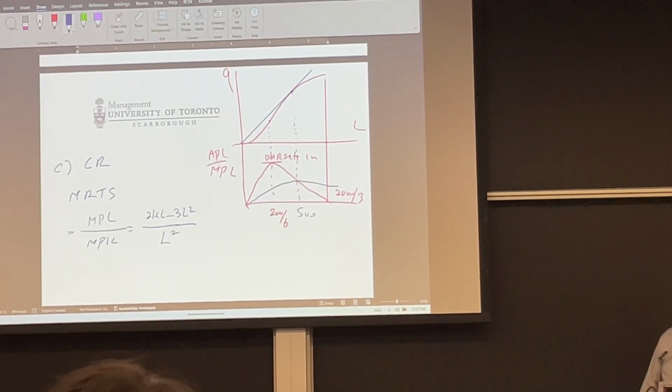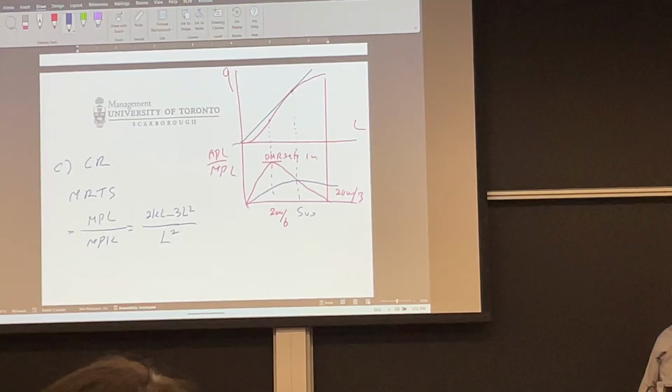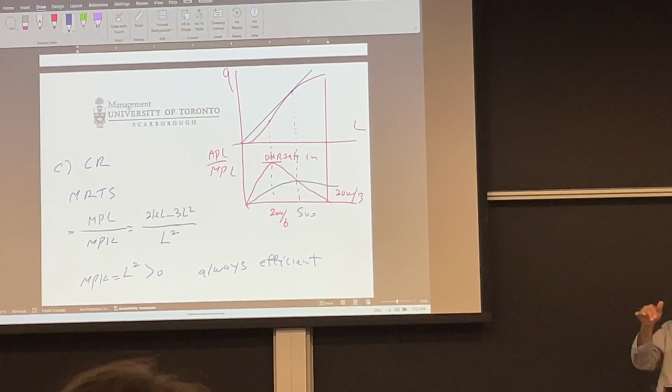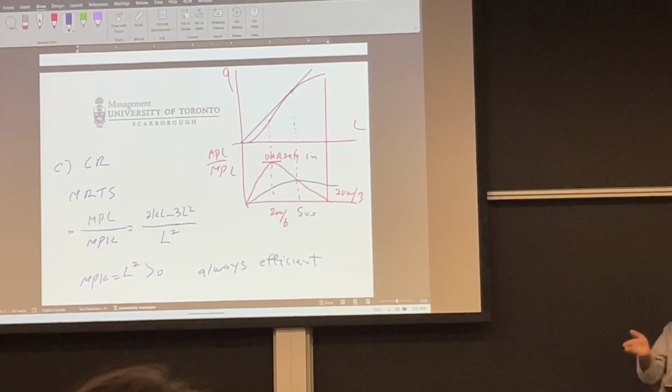Is the capital always efficient? Yes, this is more than 0. Always efficient. Basically it means it will always replace labor. That's the meaning of it. On the isoquant, if you have more capital, it always replaces labor.